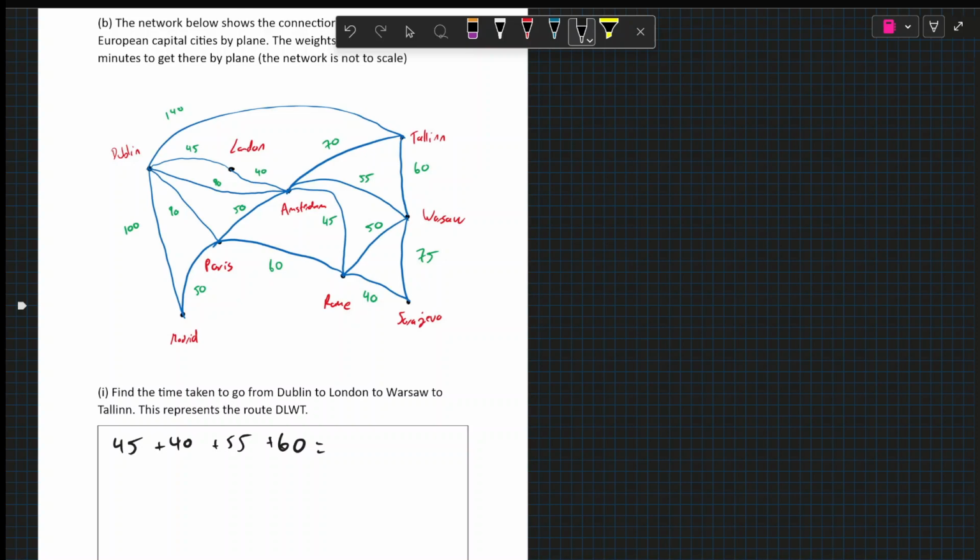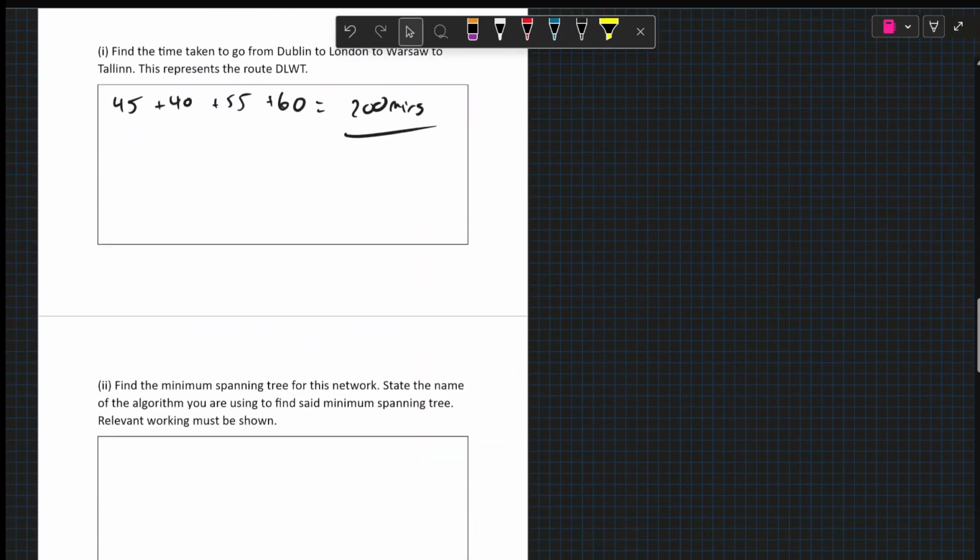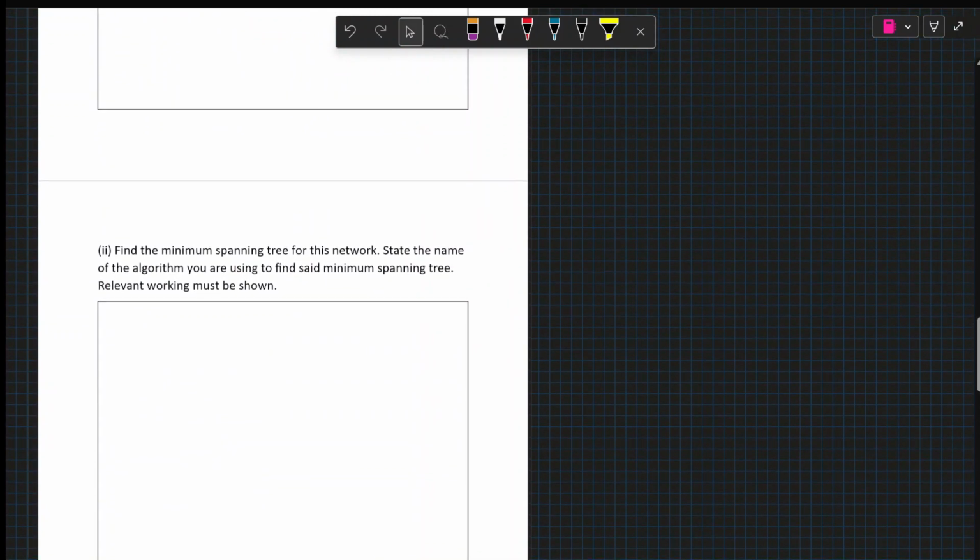So that's why I added that little trick. And that takes 200 minutes. Obviously, a flight from Dublin to Estonia is not going to take 3 hours, but that's just with all those stops. Now, find the minimum spanning tree for the network.